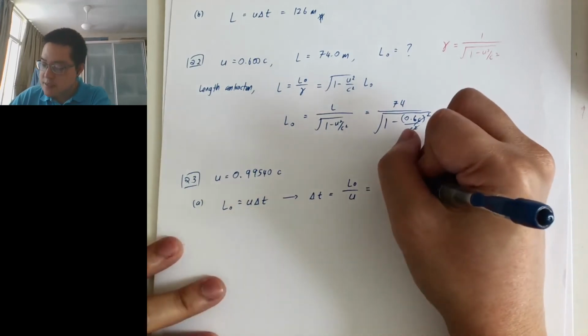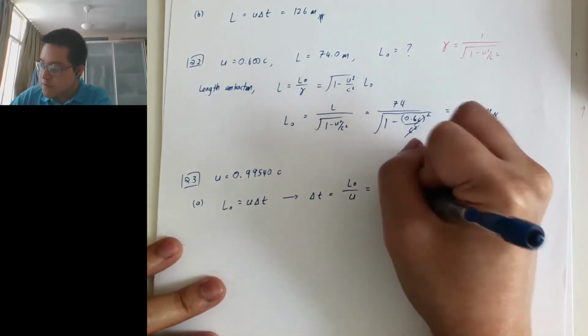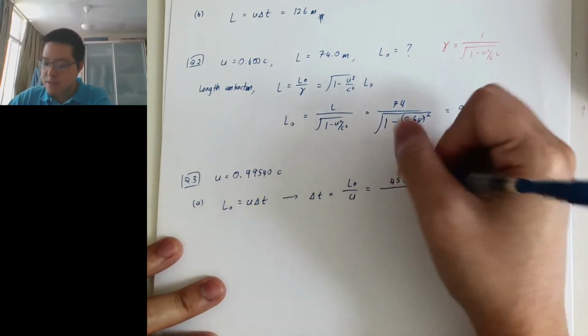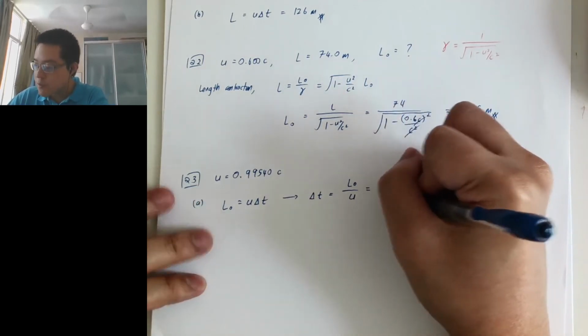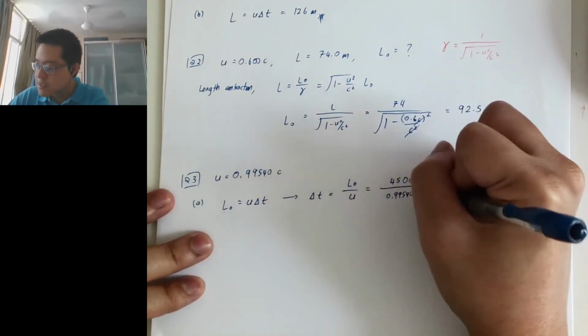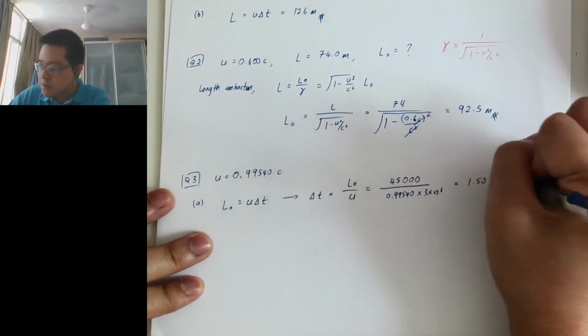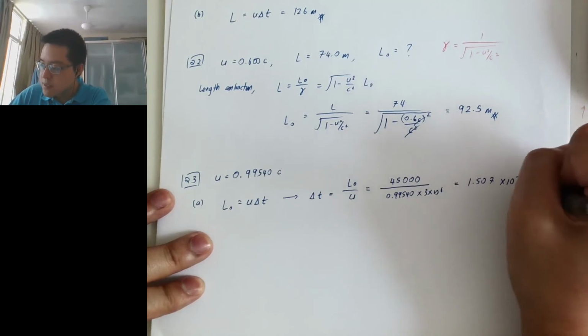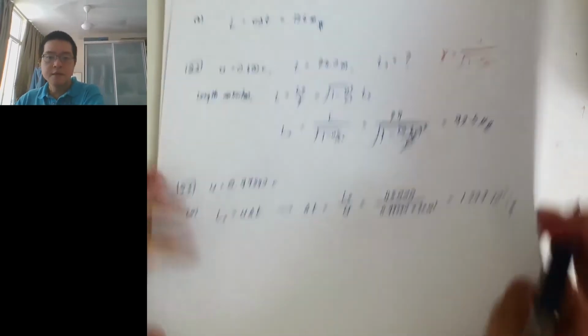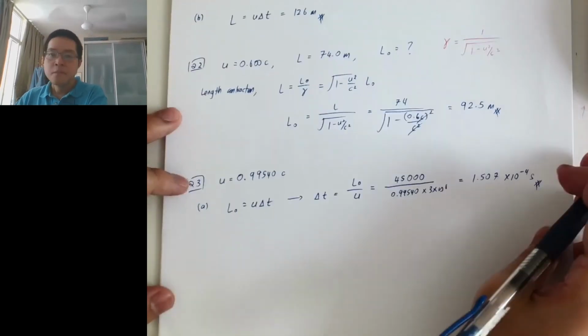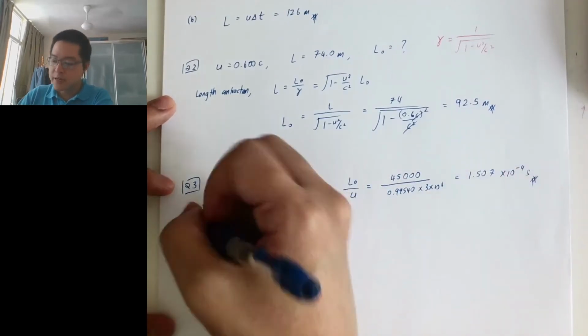The distance is 45 kilometers, so 45,000 meters, and u is 0.99540 c, so times 3 times 10 to the 8, and the time is 1.507 times 10 to the minus 4 seconds. So this is the time taken as measured by the Earth.